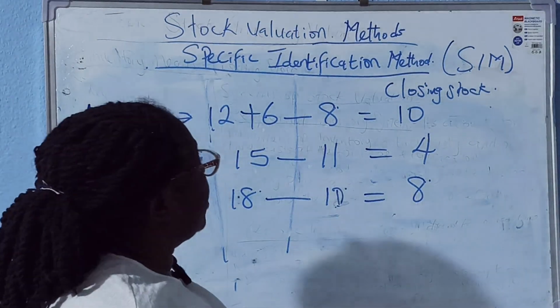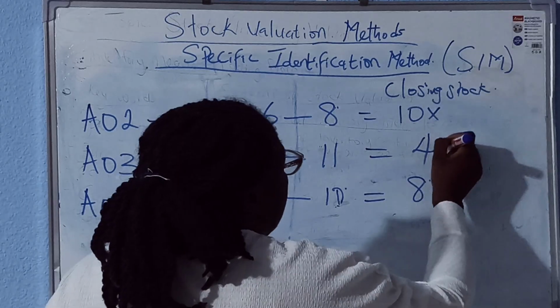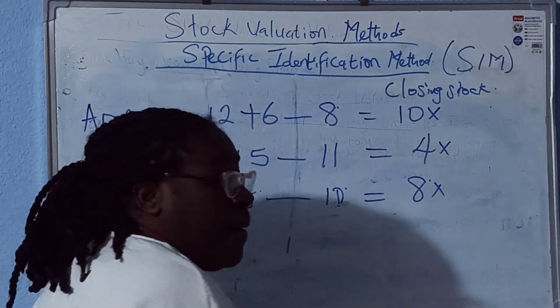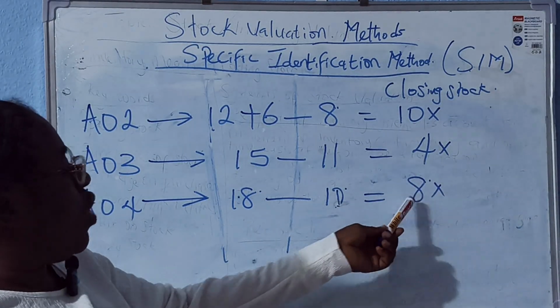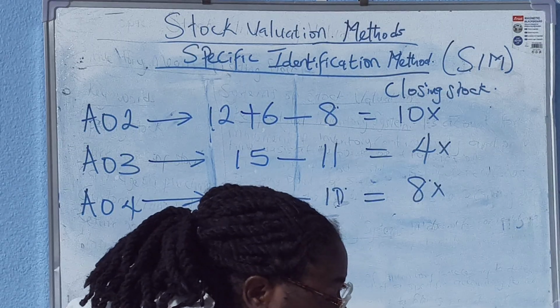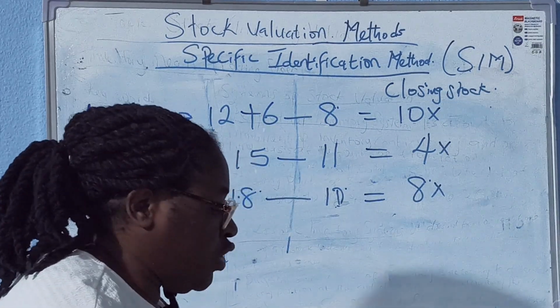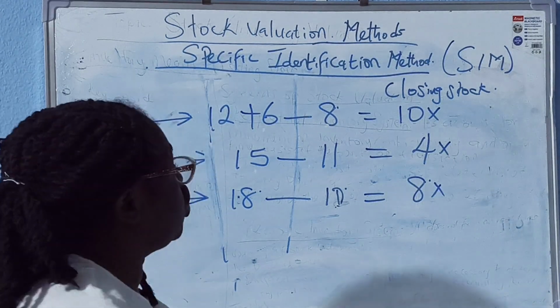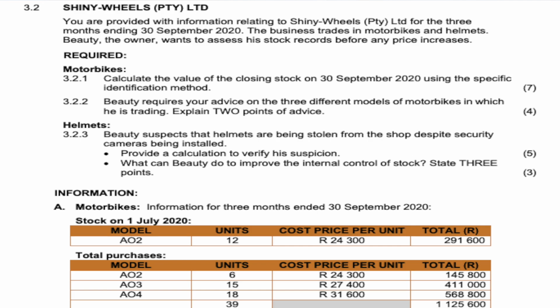So now to get the value of the closing stock, we multiply the closing stock of each model by the cost price for each of the models. Now, the cost price per unit for A02 is 24,300.